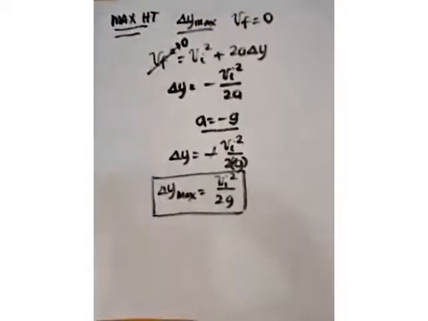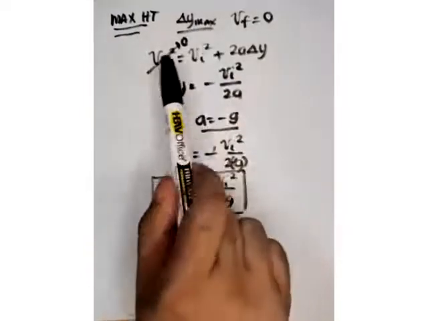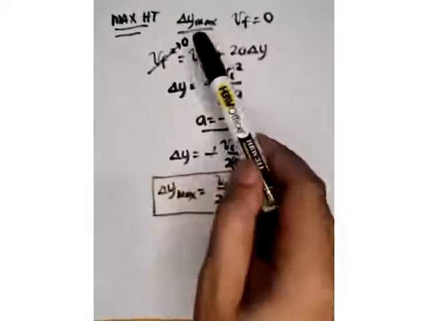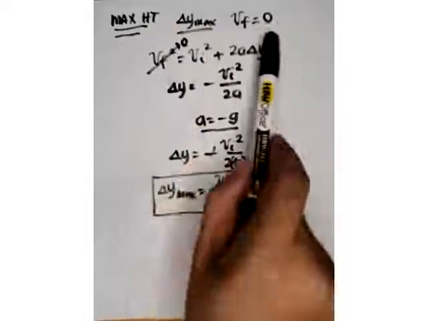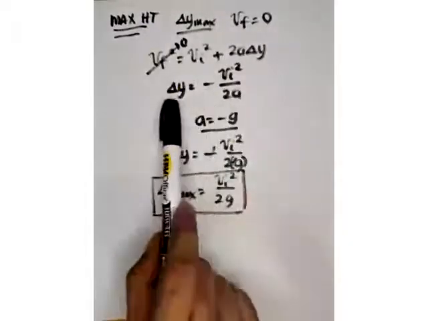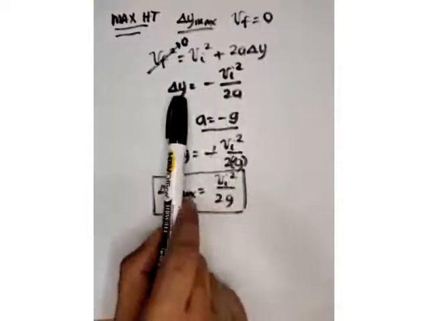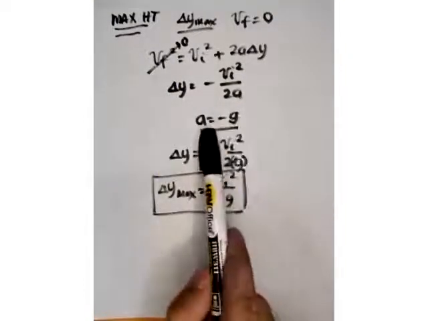Next is the maximum height. We can get a shortcut for the maximum height using this formula. We know that at the maximum height, the final velocity is 0. So if we manipulate the formula, we can arrive at this one. So delta y is the displacement.